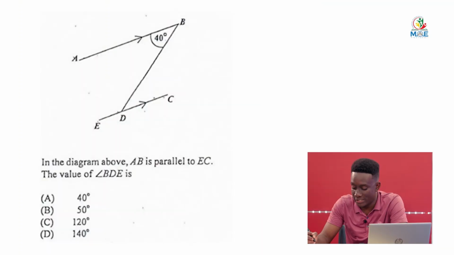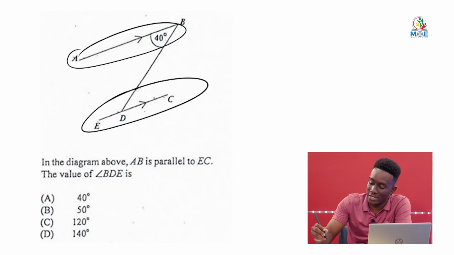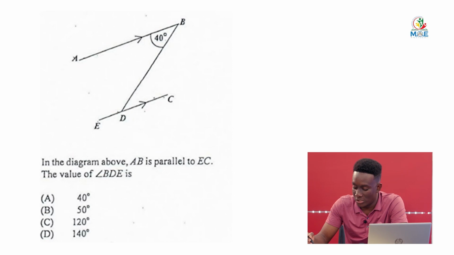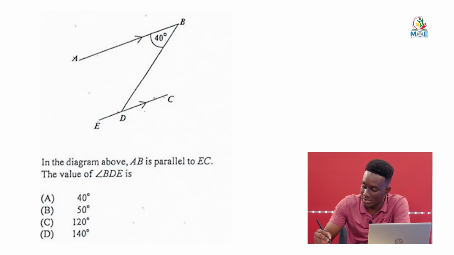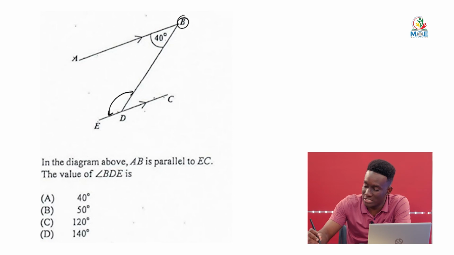This question says, in the diagram above, AB is parallel to EC. These two lines are parallel, and this is also indicated by these two symbols. The value of BDE is, so BDE would be this angle here. They want the value of that angle. Since these two lines are parallel, we see a Z being formed here.